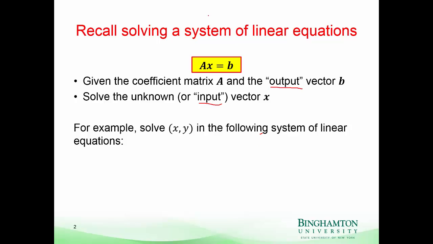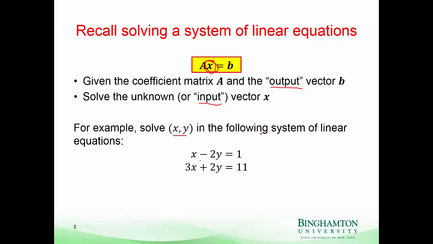Sometimes we think of the elements of X as X1, X2, X3, and so on, which is convenient when there are many elements. But if we have just 2 or 3, we'll call the elements x, y, and perhaps z. So this x and y here are the unknown elements of the vector X.